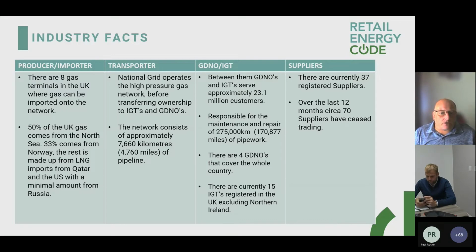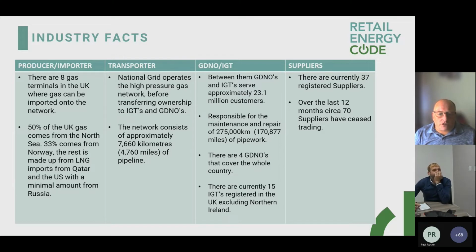So national grid, we talked about the national grid, and I showed you the pink lines that were there. They operate the high pressure gas network before transferring ownership to the independent gas transporters and gas distribution network operators.